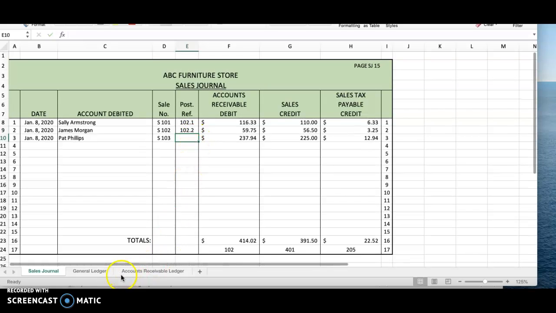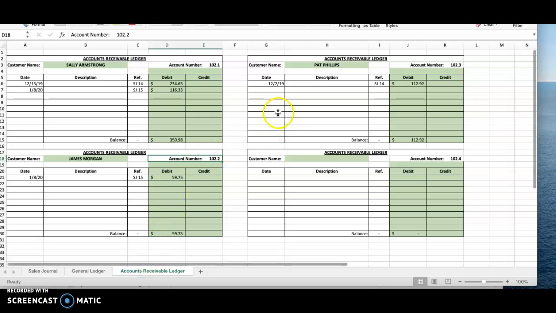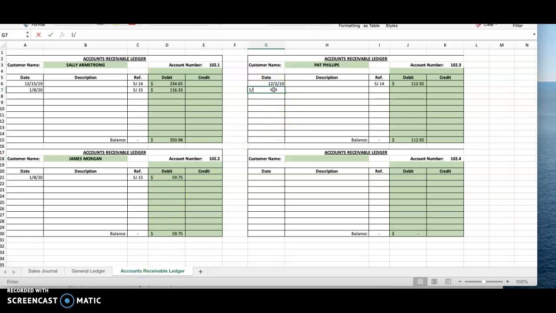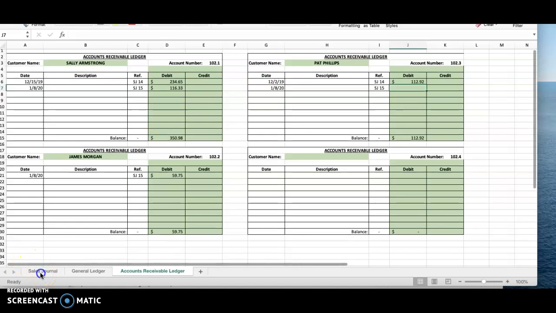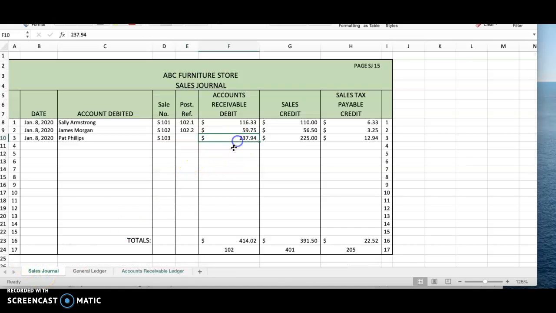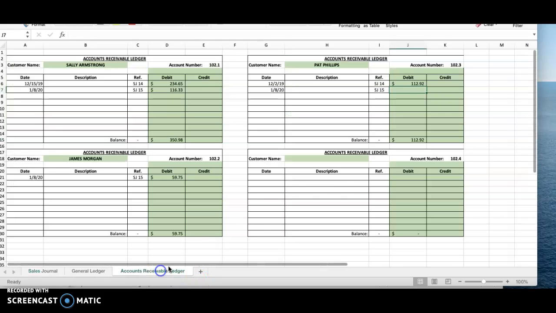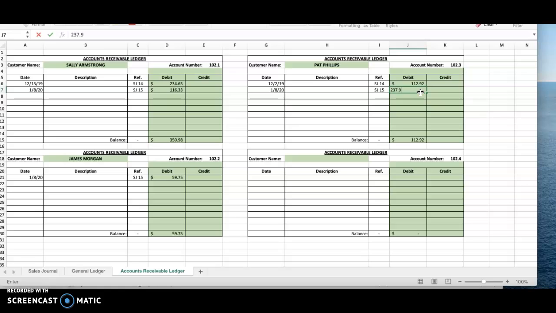And then Pat Phillips, same way. The total amount that Pat owes us is $237.94. So we can see at a glance how much money customers owe to us.